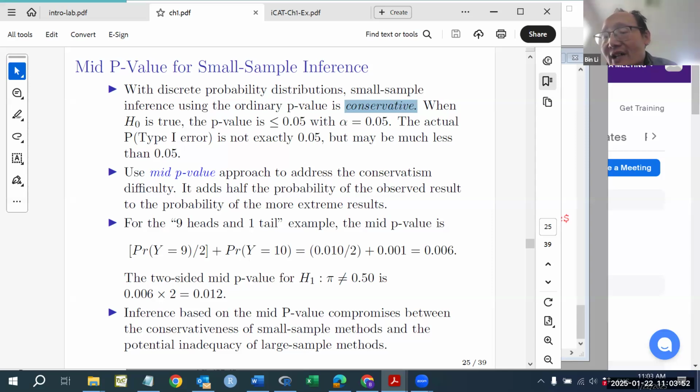It's less than the nominal value. So that's how we call it a conservative test. On the other hand, a liberal test means this one is greater than the nominal value. So a conservative test means it's very difficult to reject the null hypothesis, and a liberal test means it's easier to reject the null hypothesis.